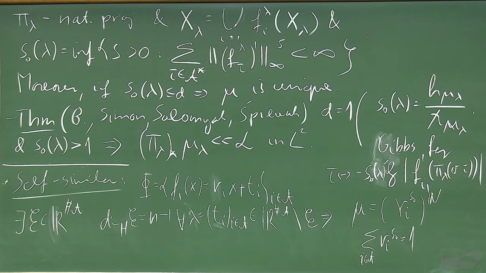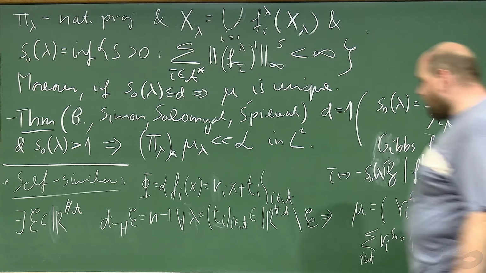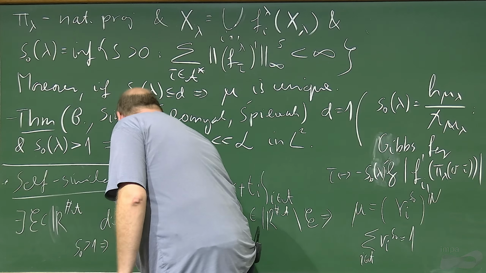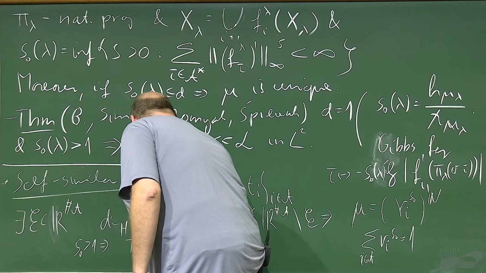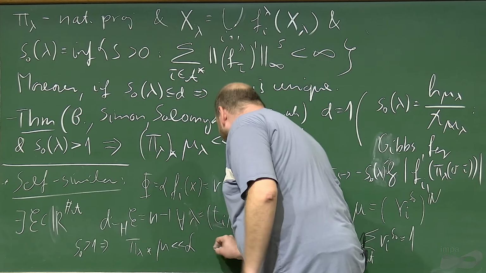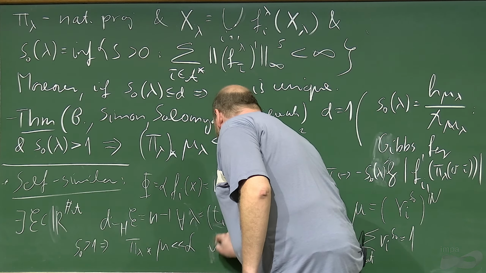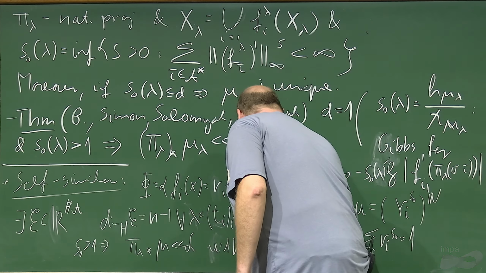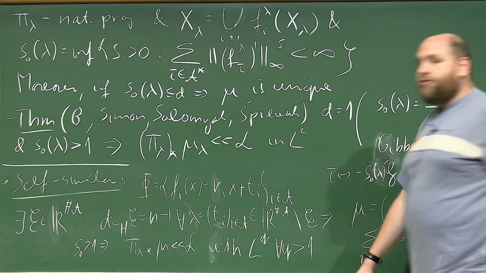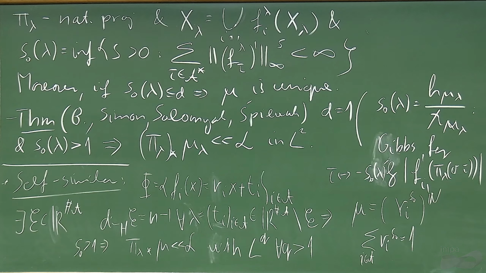And if you look at this Bernoulli measure, and you assume that S naught is strictly greater than 1, then its projection is absolutely continuous with respect to the Lebesgue measure with LQ density, Q strictly greater than 1, and this is good for every Q. Yes?